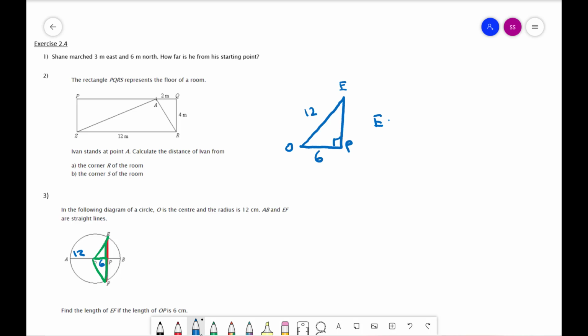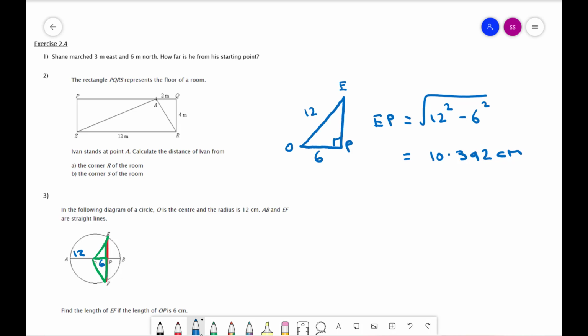So length EP will be equal to 12 squared minus 6 squared, all square rooted, using the transposition trick again. Typing this into your calculator, 12 squared minus 6 squared, square root the answer, gives me 10.392 centimetres for that vertical value.